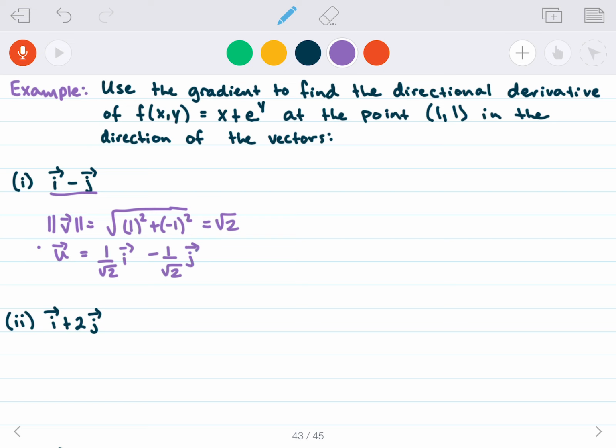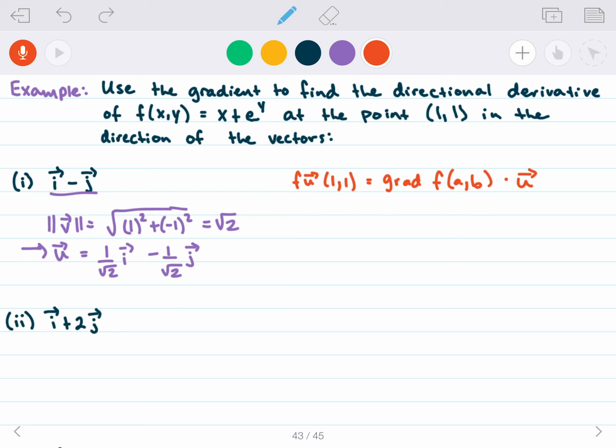So that is my unit vector. I'm trying to figure out the directional derivative, and I want to use the gradient definition. That's what it's asking. It's saying, okay, go ahead and use this definition. This is the definition we're going to use right here.